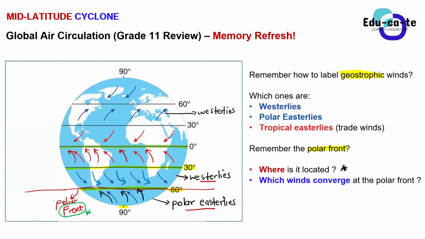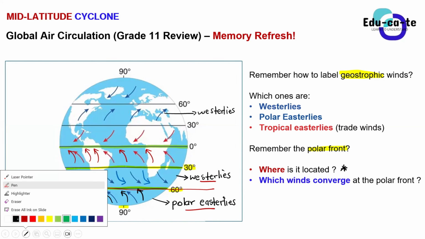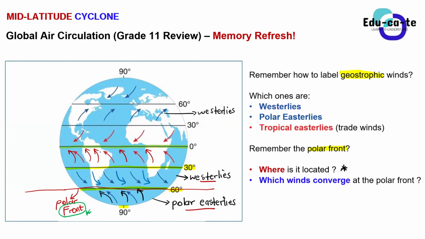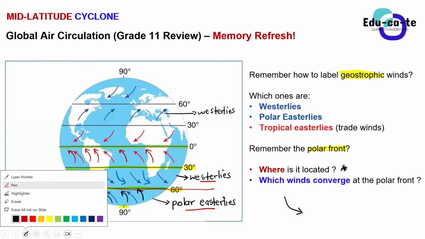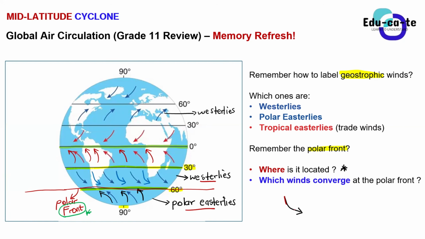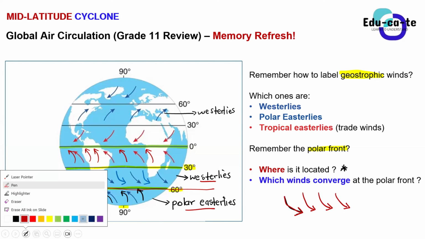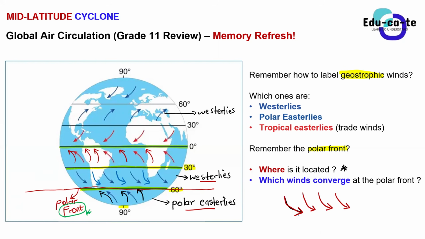It is the temperature. You are right when you say that it is a line where two air masses meet. But when we have got warm air, let me just use the red color to represent it. So when we have got some warm air, and it is meeting or converging with cold air, they cannot mix.